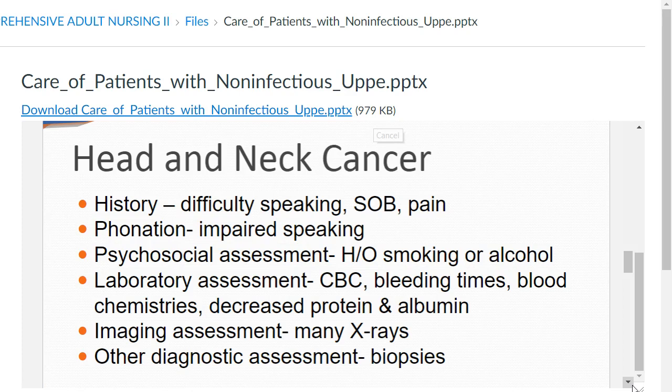It starts off as problems with phonation, impaired speaking. There's a lot of psychosocial aspect to it, especially when the families are aware that patients may have abused alcohol or even smoking.